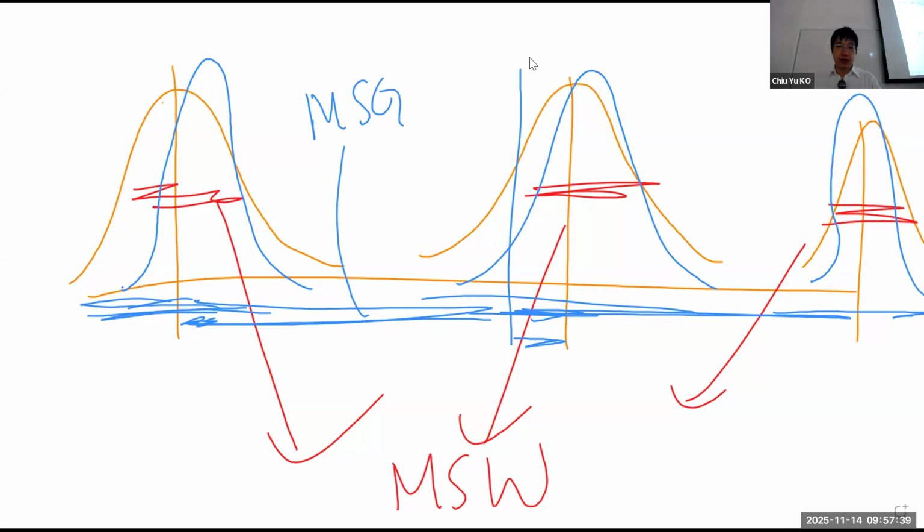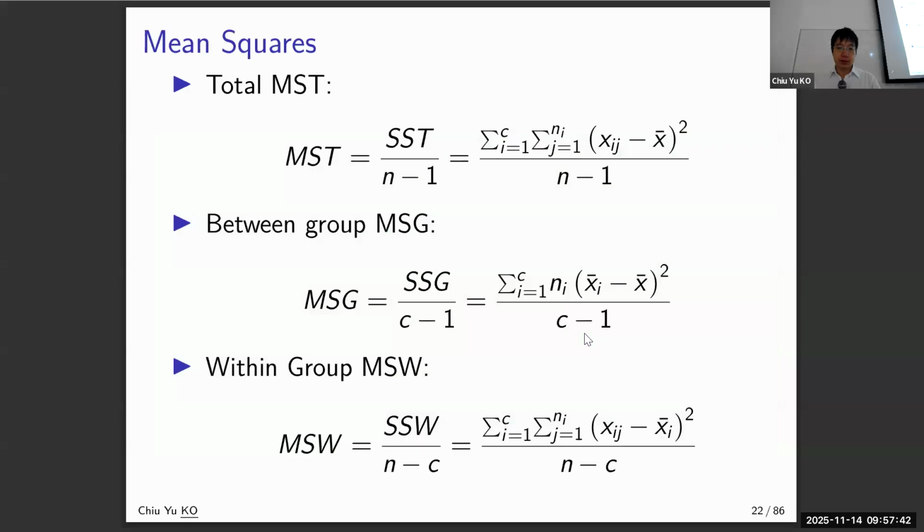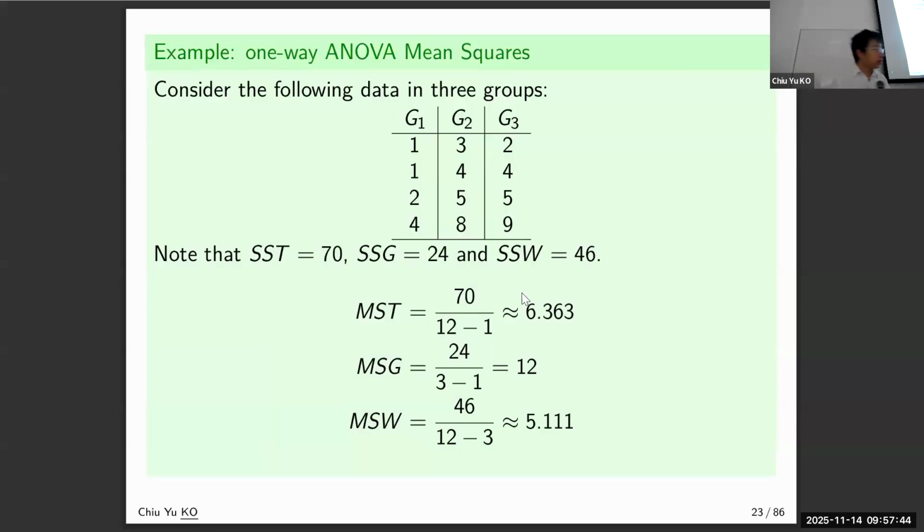Before we go on, just to tell you how to calculate that. The SST is 70, and you calculate 76 and 46.